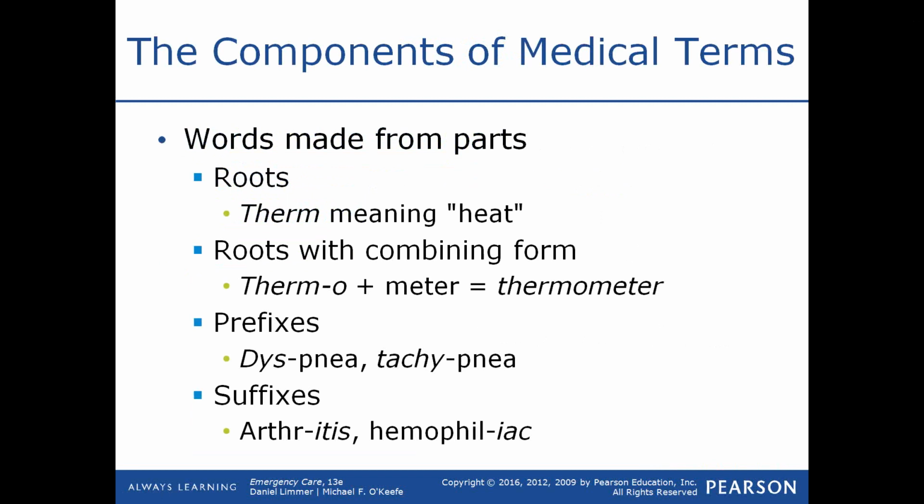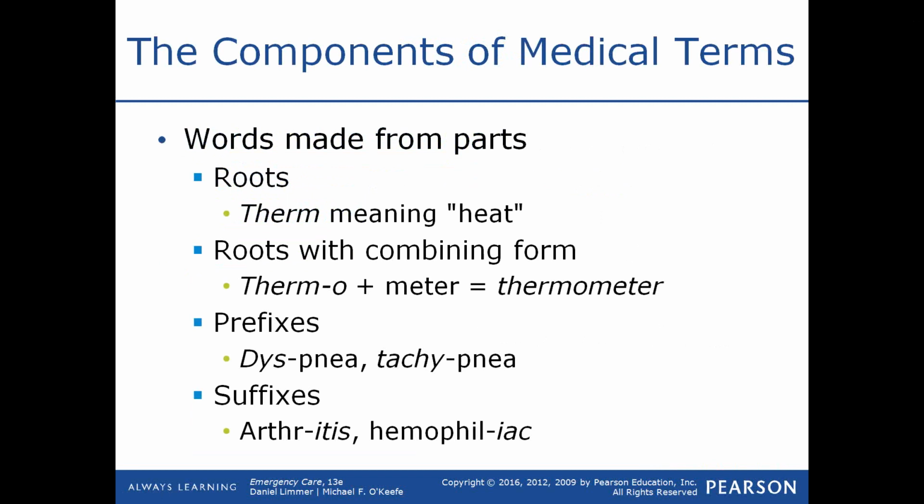So the examples that they give you here is that therm is heat, and a meter we know would be something to measure something. So a thermometer would be something to measure heat.